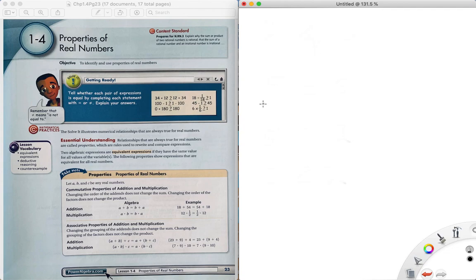We have the commutative property of addition, which says that if I have two numbers, let's say 4 plus 6, and I switch the order, so 6 is first and 4 is now second, they both still give me the same number.